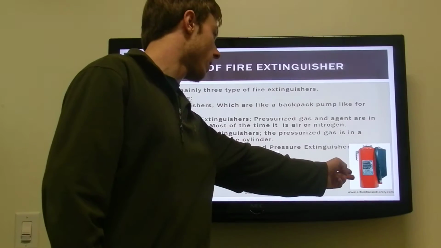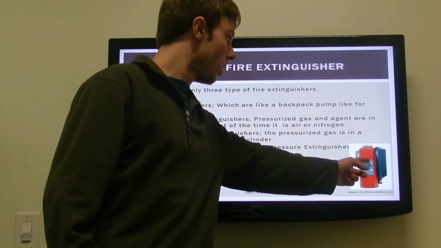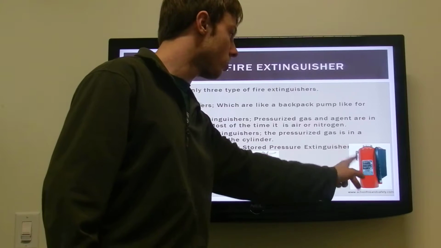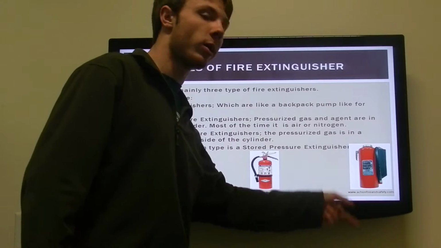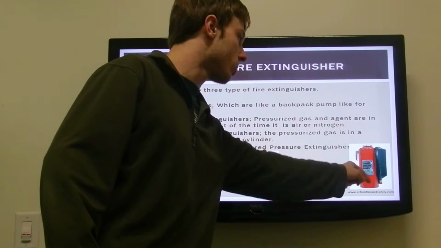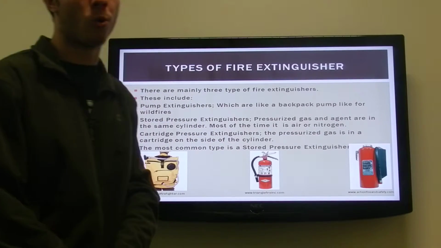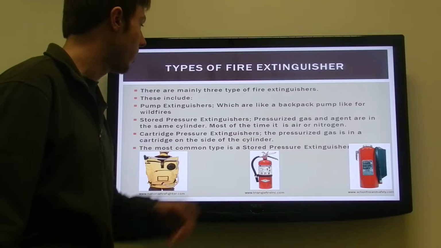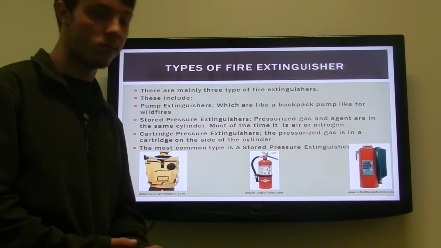Here's an example of that. Right here is the small pressure chamber cylinder that is pierced, and once it's pierced, the gas goes into the cylinder and pressurizes the whole cylinder. But the most common type is the stored pressure extinguisher.